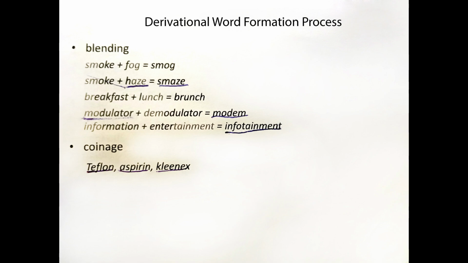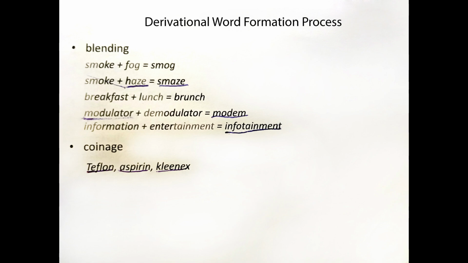Then we put the rest parts together as smog. Let's look at the word smaze. We cut the part OKE from the word smoke and the first letter H from the word haze, and then put the rest parts together as smaze.